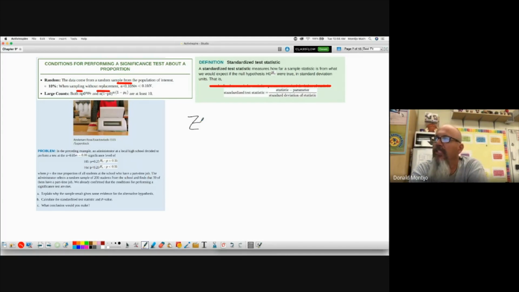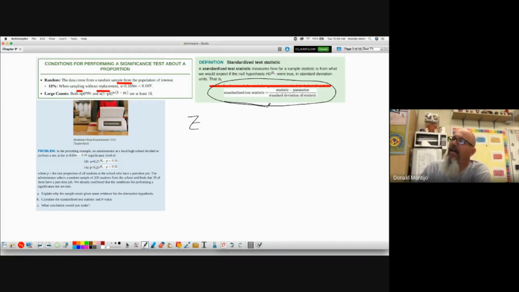Okay? So the standardized test statistic measures how far a sample statistic is from what we would expect if the null were true. Remember, all a z-score is, or a standardized test statistic, is the number of standard deviations away from the mean. Okay? So they write it out here for us.